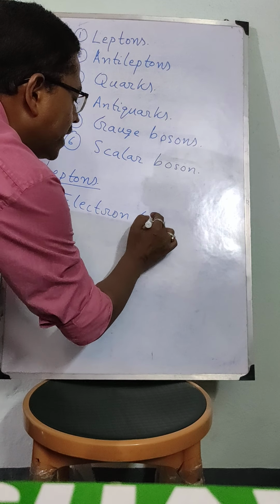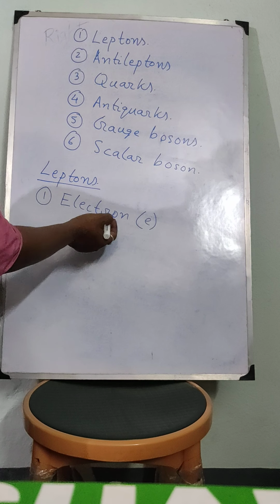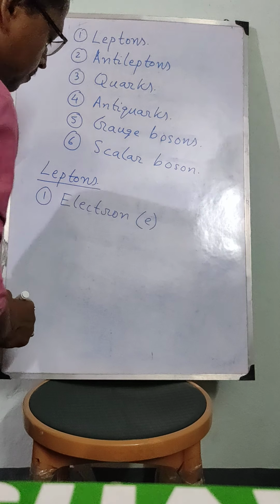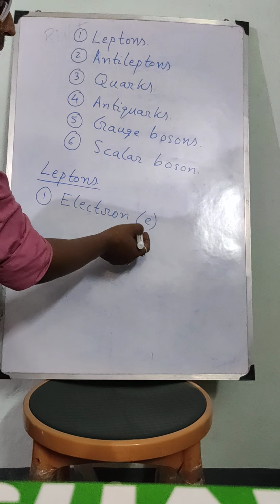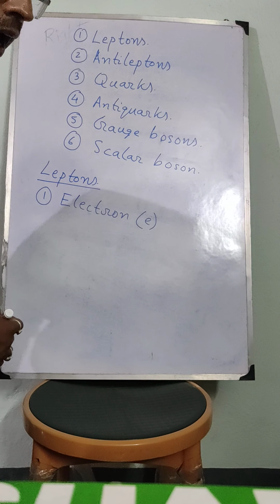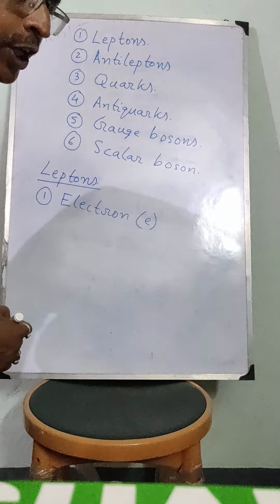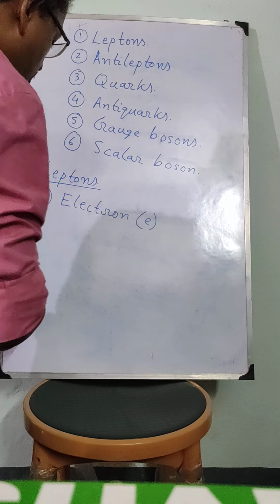Electron is denoted as small e. It is a negatively charged particle with spin half. Okay, and its mass is 0.511 mega electron volt divided by c square, where c is the speed of light in free space.